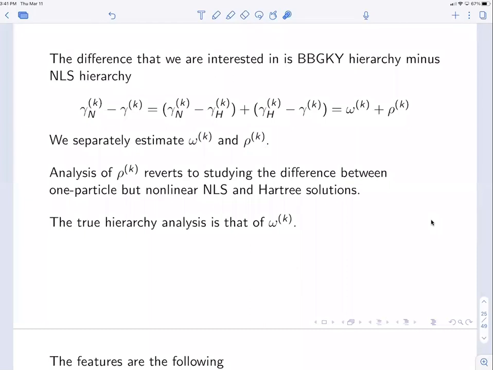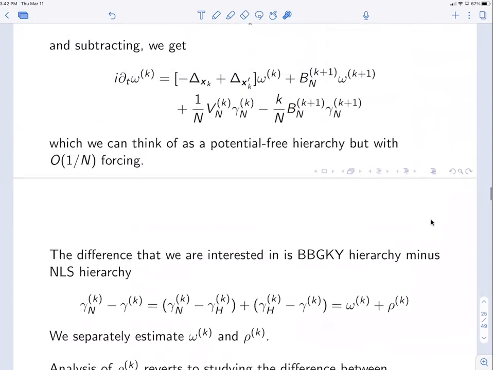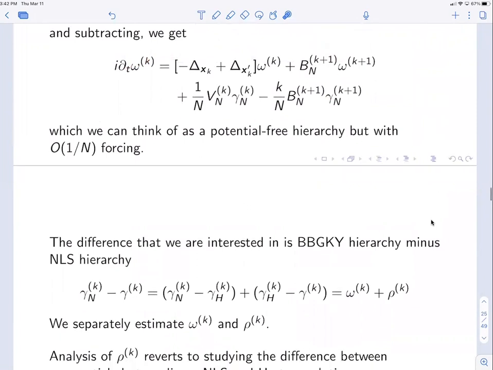So the analysis of rho k reverts to studying the difference between one particle nonlinear Schrodinger and Hartree solutions because of that effective expansion that I showed you on the previous slide for rho k. All right, so that is effectively a nonlinear comparison. But the estimate on the size of omega k is a true hierarchy analysis. We have to apply estimates to this equation for the hierarchy.